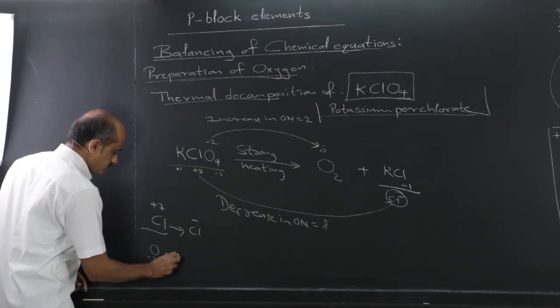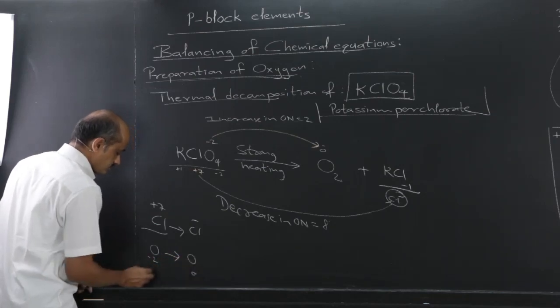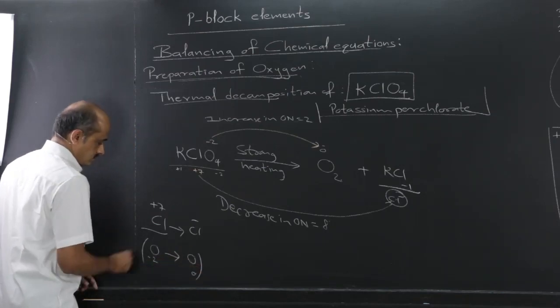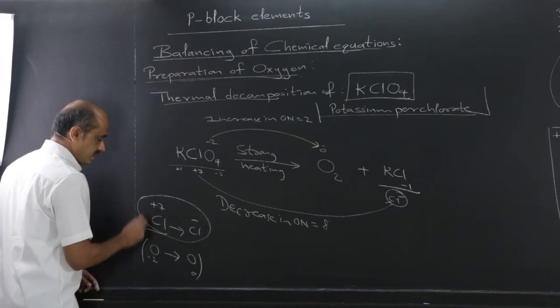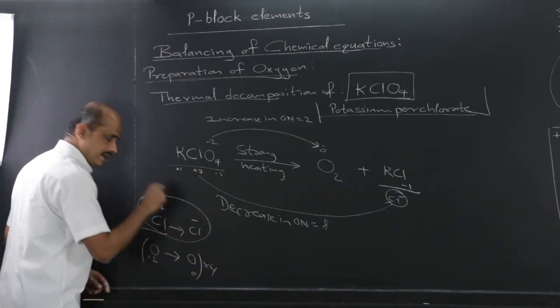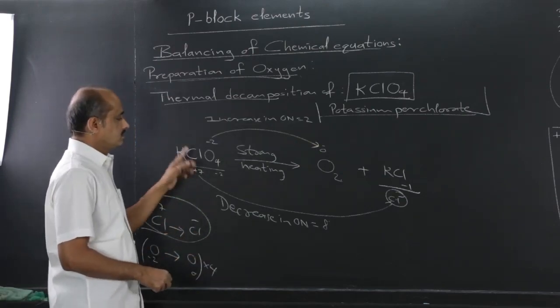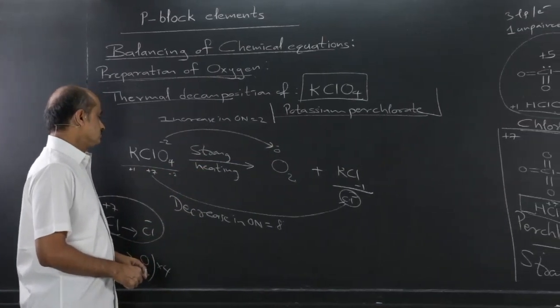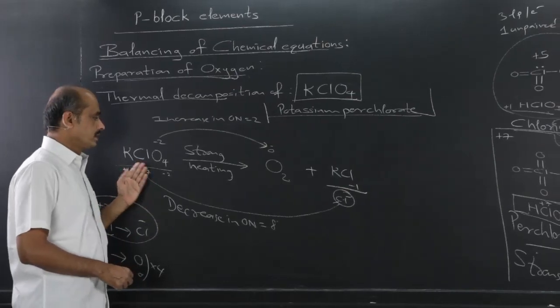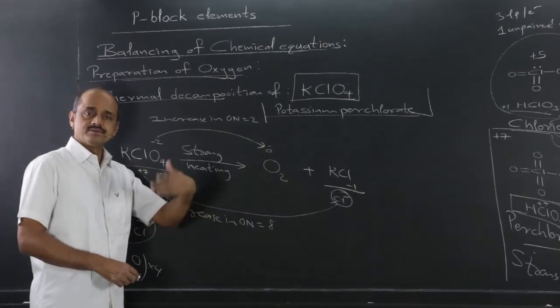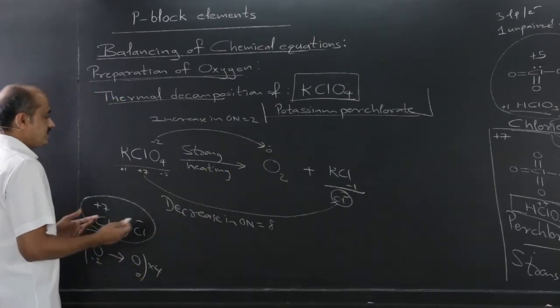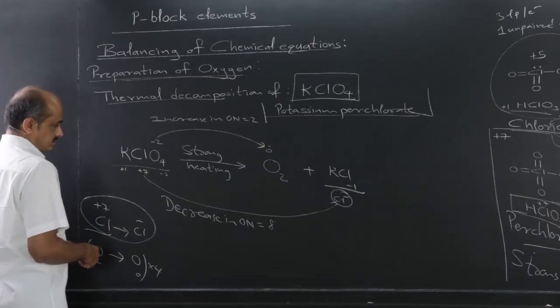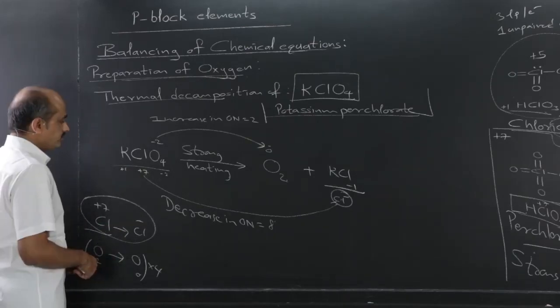Oxygen minus 2 giving rise to 0 oxygen is an increase by 2 each, so 8 for 4 atoms. So for 1 chlorine, elemental oxygen atoms are 4. For 2 chlorine, elemental oxygen atoms will be 8. If we keep that in mind, then balancing will become easy.